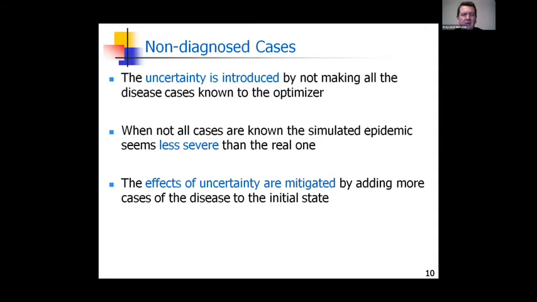In this problem, there is an uncertainty which is introduced by not making all the initial disease cases known to the optimizer. And of course, this means that the simulated epidemic which is seen by the optimizer is less severe than the real one. However, we try to mitigate this effect by adding some more disease cases to the initial state.